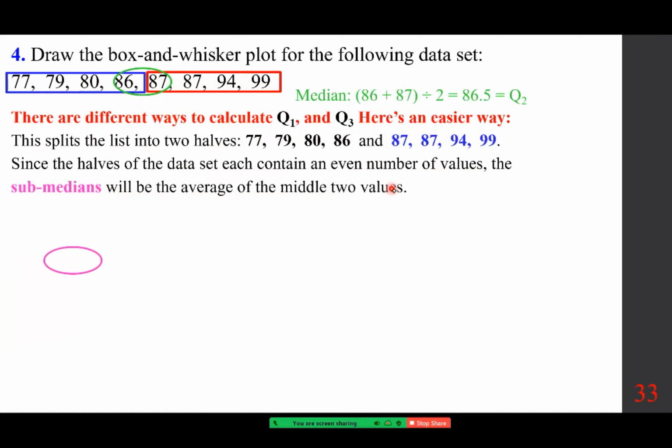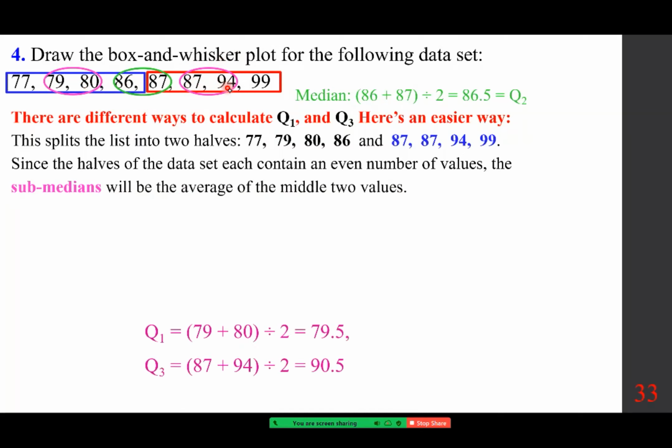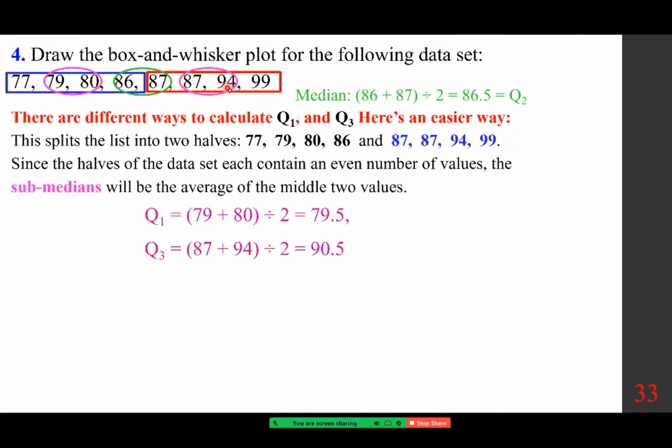So here's the median of the bottom half, 79 plus 80 divided by 2. And here's the median of the top half, 87 plus 94 divided by 2. This is the fastest and easiest way to get to Q sub 1 and Q sub 3.